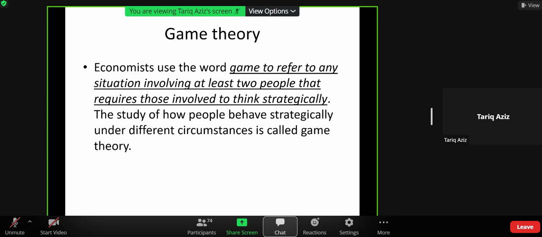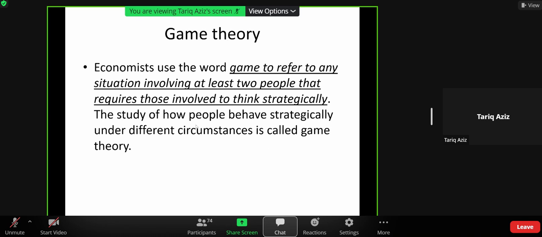Thinking strategically means thinking long term, and thinking not only about oneself, but also looking at the larger picture. So the study of how people behave strategically under different circumstances is called game theory.